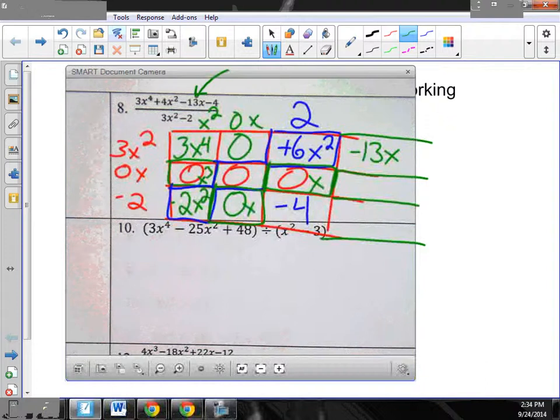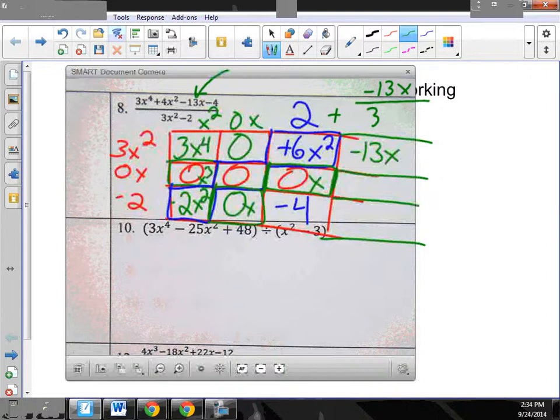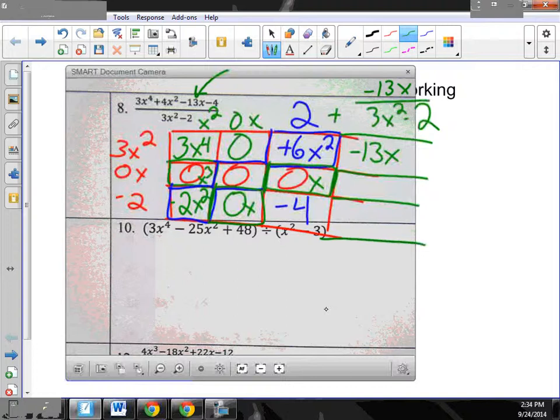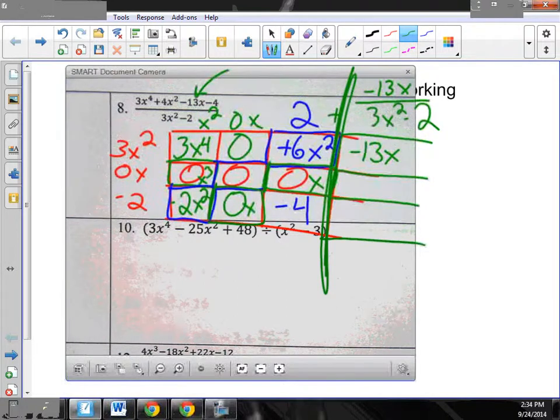Now, let's finish this and then I'll show you a hypothetical in a second. So it's plus negative 13x over 3x squared minus 2. Okay, anything that happens after this line is a remainder. Okay, now put your pencils down and just watch this for a second.